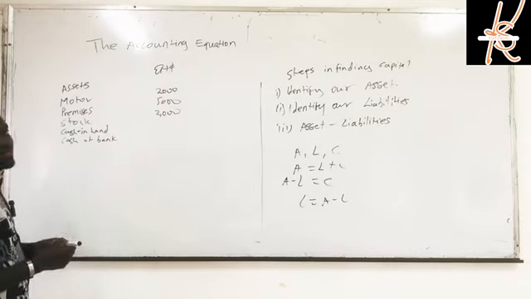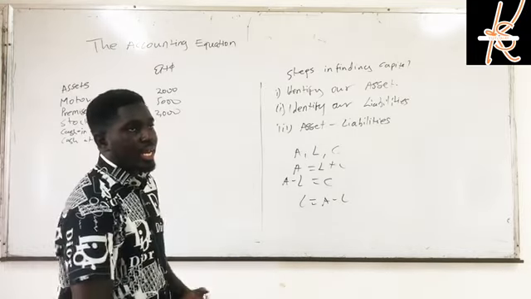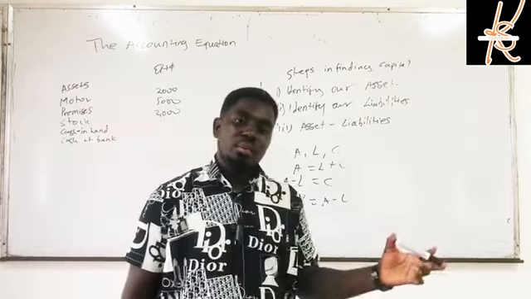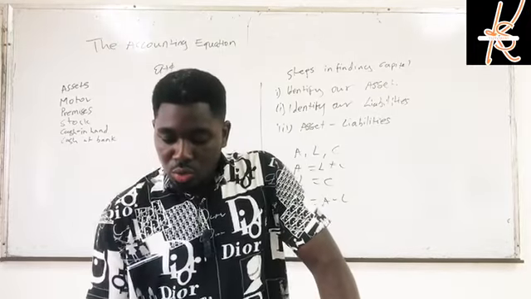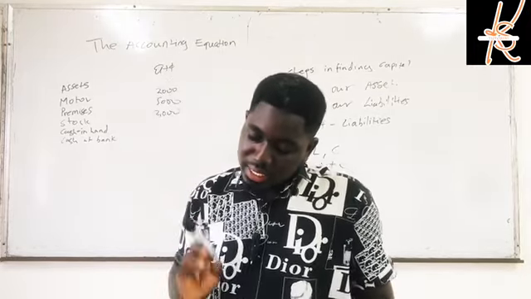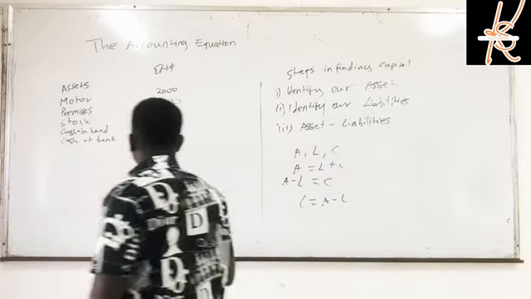Cash in hand is the physical cash you have with you, and the cash at bank is the amount you are keeping at your bank. Do you get the difference? They are saying that the cash in hand is 3,000 and the one at the bank is 1,000.